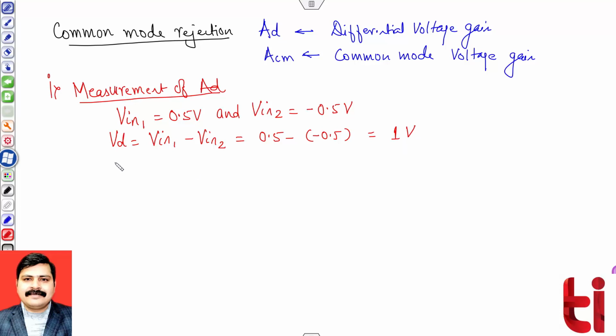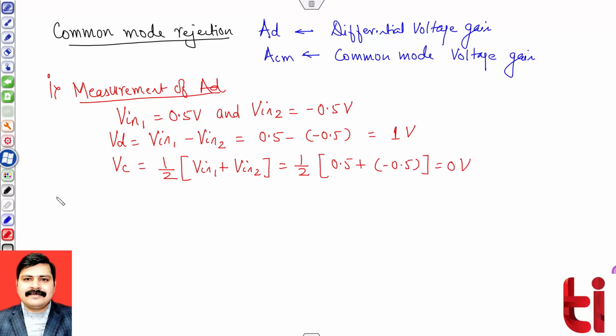Okay, and at the same time I am calculating VC, which is 1 by 2 of Vin1 plus Vin2, and this is equal to 1 by 2 of 0.5 plus minus 0.5, which is ultimately 0 volt.